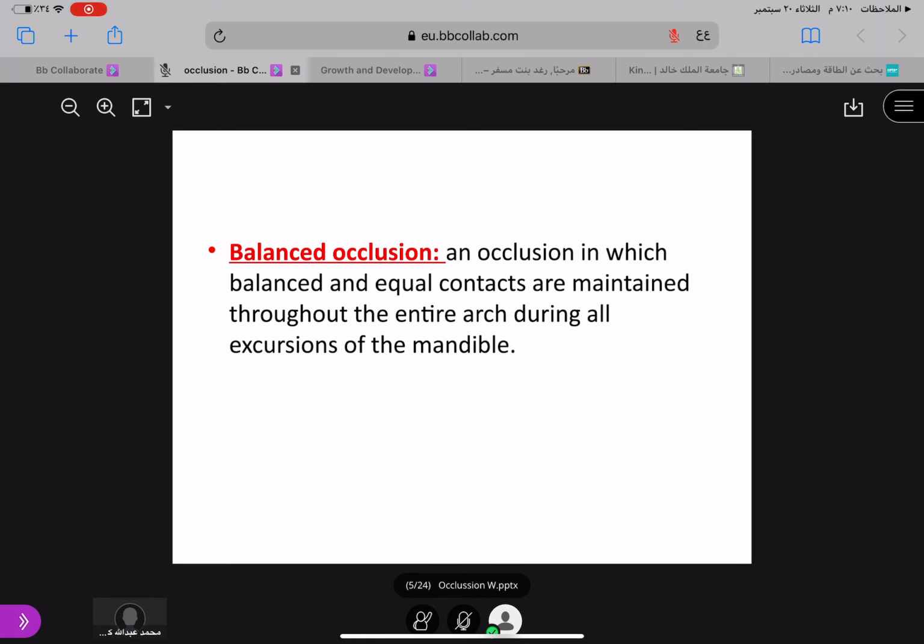Now, next comes the balanced occlusion. Can anybody please tell me what balanced occlusion is? I'm telling you again, if you don't want to write, you can speak. You're allowed to speak. Forget about the definition written here. Whatever you understand about balanced occlusion, tell me, please.